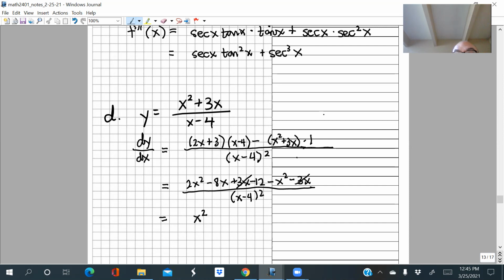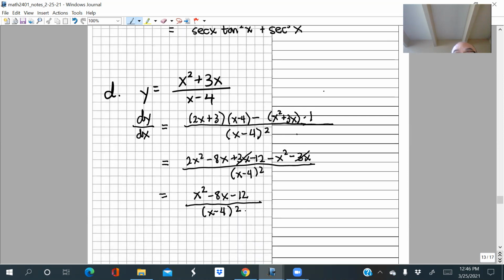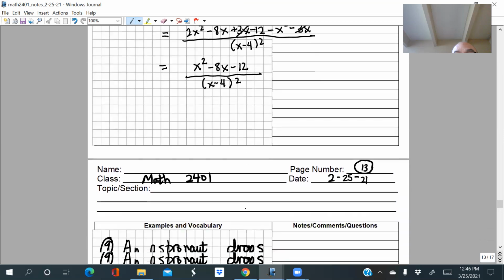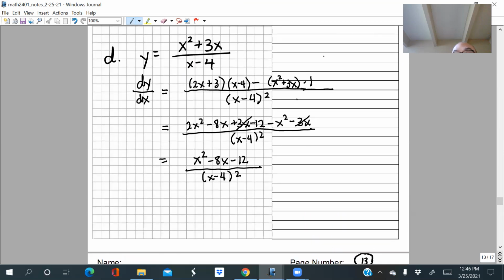These 3x's cancel, so you just get minus 8x and then minus 12, all over x minus 4 squared. That was already hard enough, and that was just the first derivative, my word. So now we have to go on and find the second derivative. I have to do this process all over again.